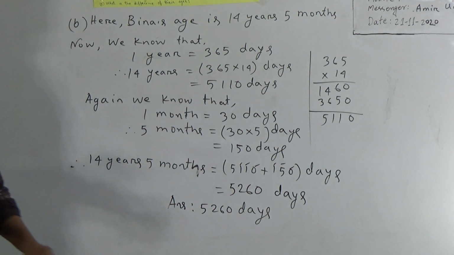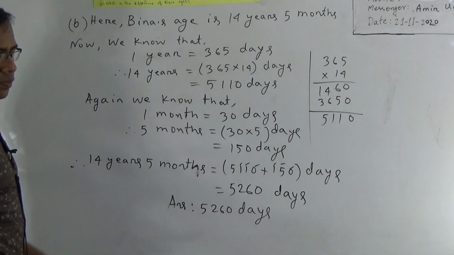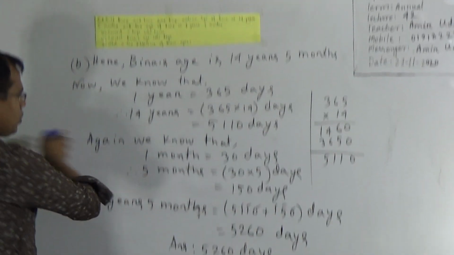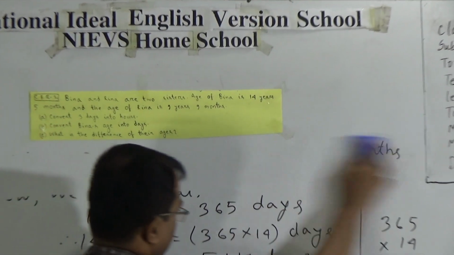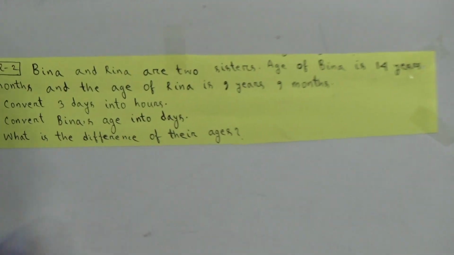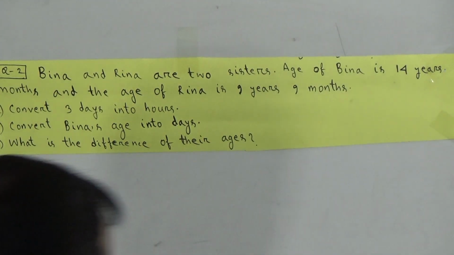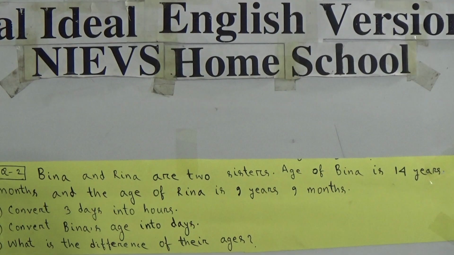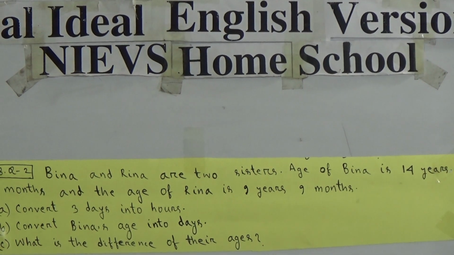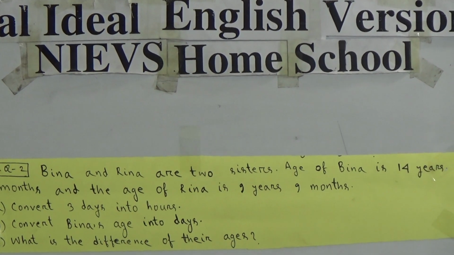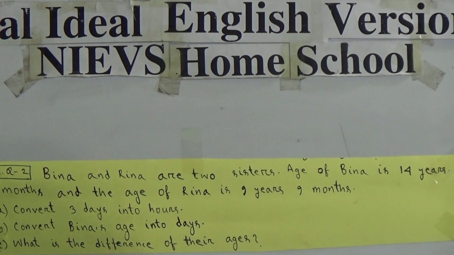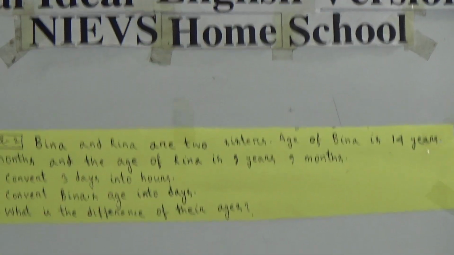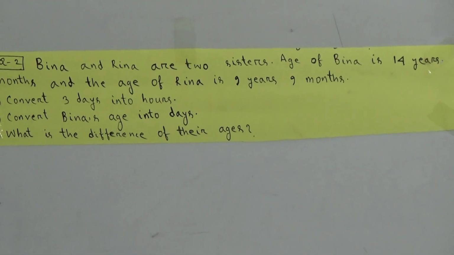Okay, dear students, we have finished B number. Now we will do C number. Here the C number question is, what is the difference of their ages?